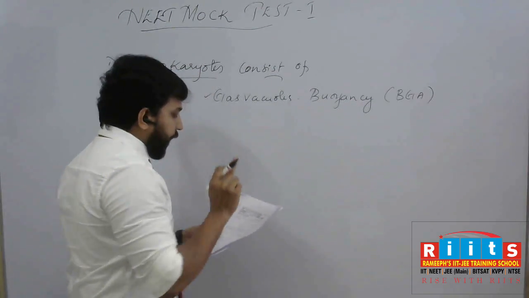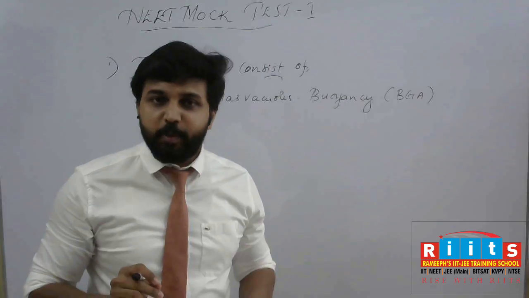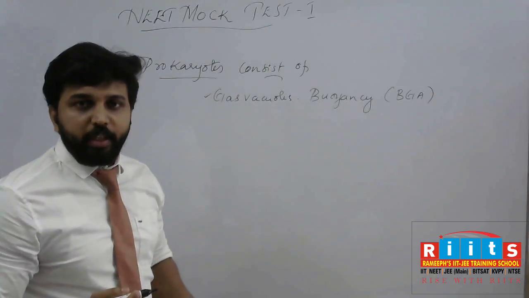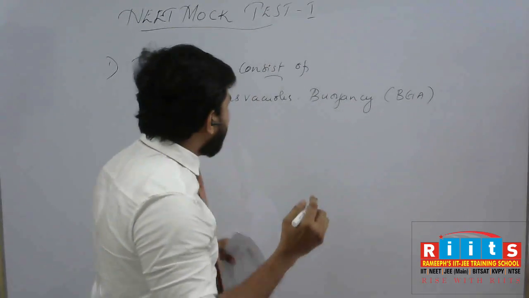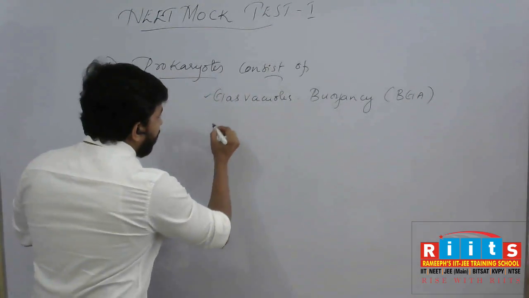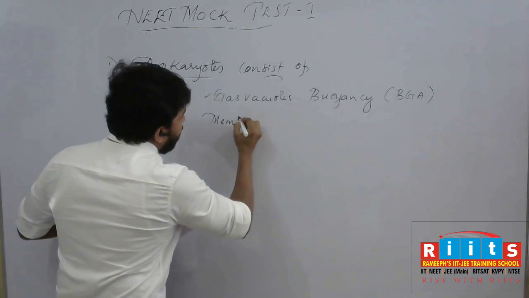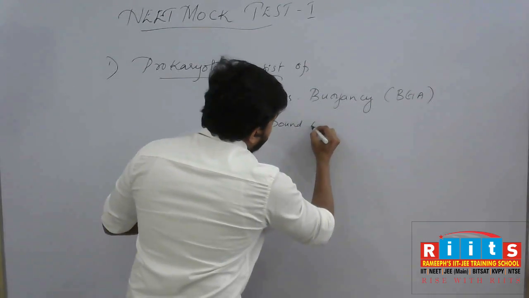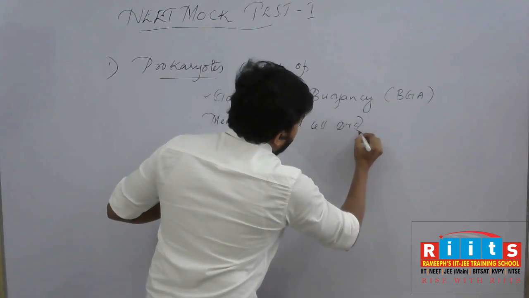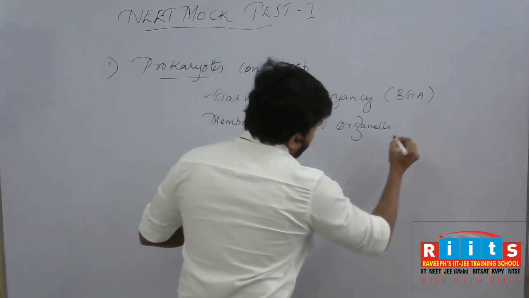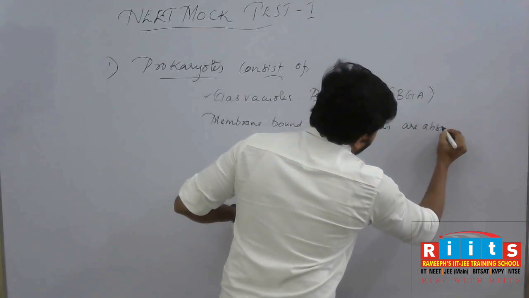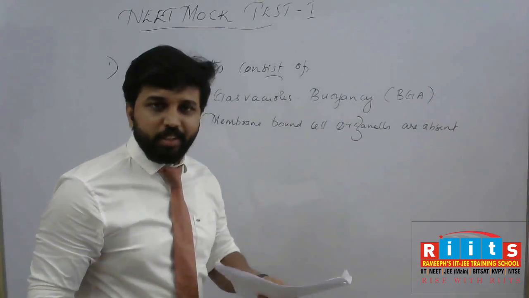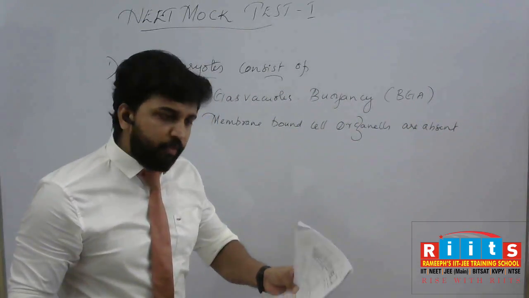Then the second one is the single envelope system. We already know that in prokaryotes, membrane-bound cell organelles are absent. We studied that in our lower classes.